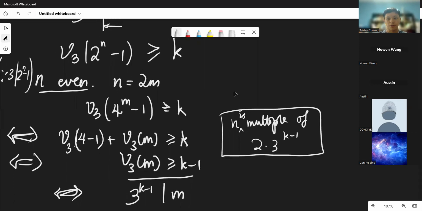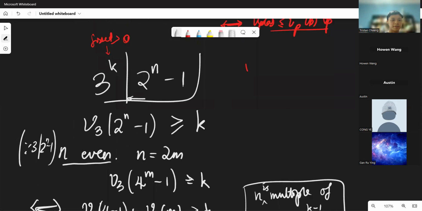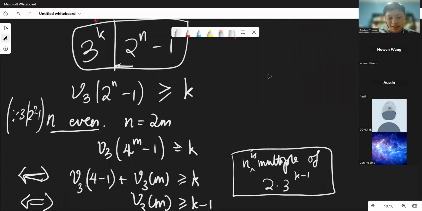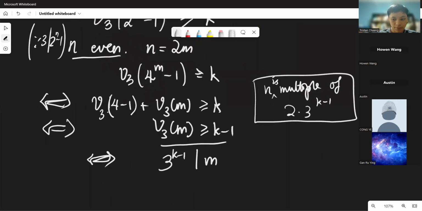So any multiple of 2 times 3 to the k minus 1 will satisfy this equation. Or not equation, but relation, whatever. Okay. Let's look at another one.